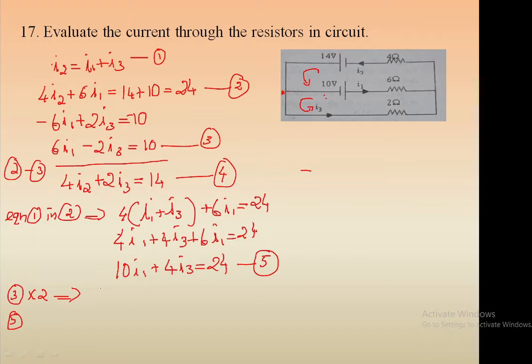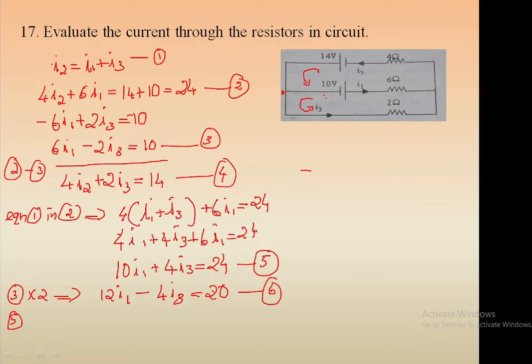So we have 12i1 minus negative 2 into 4i3 equals 20. That is equation number 6.